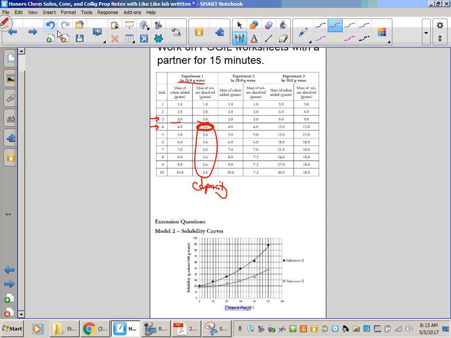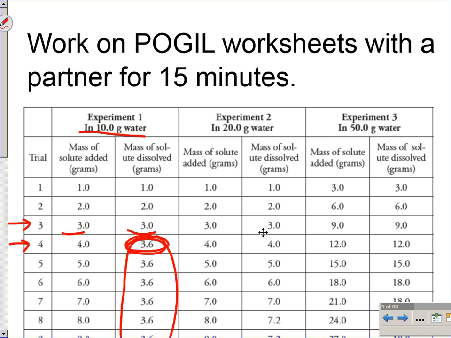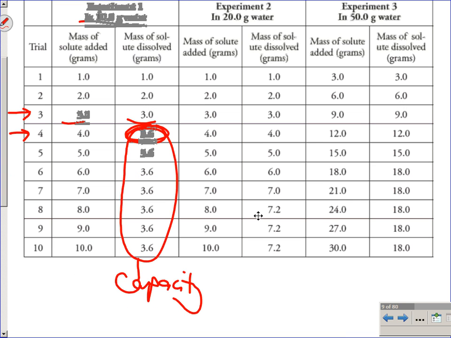Okay, so back here on experiment 2, when did we meet saturation? What is the saturation point of solution 2? 7.2 grams, right? Okay. So 7.2 is the saturation. When did we meet that?